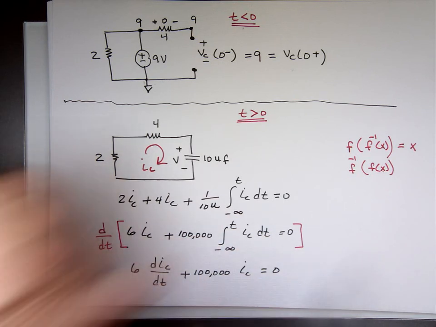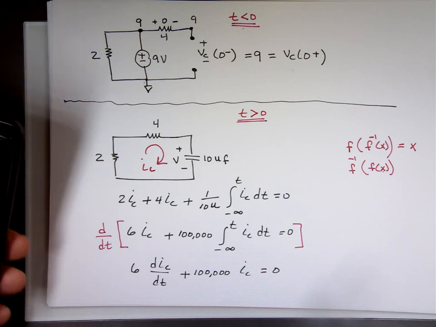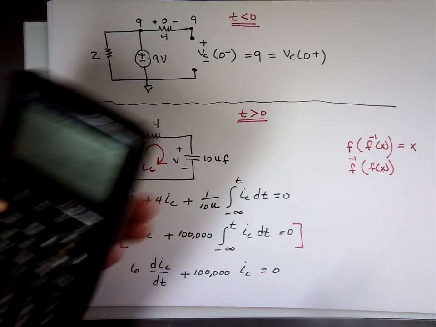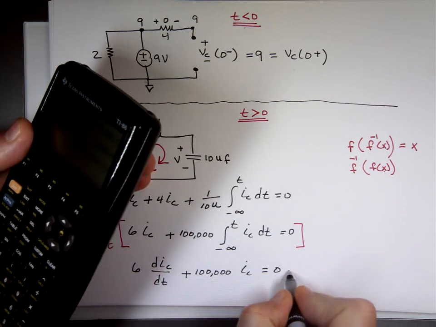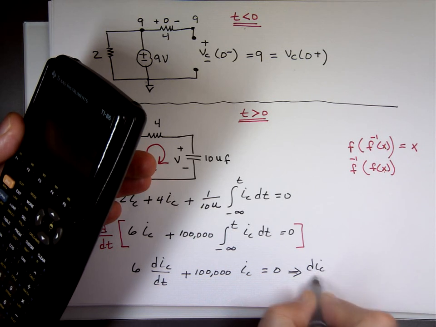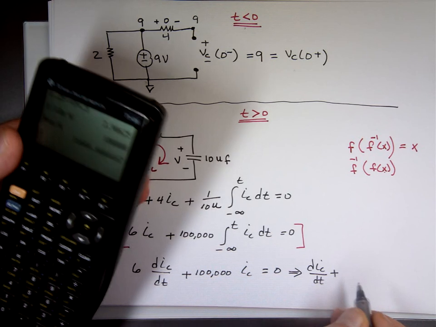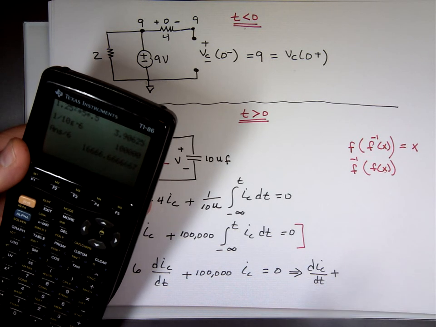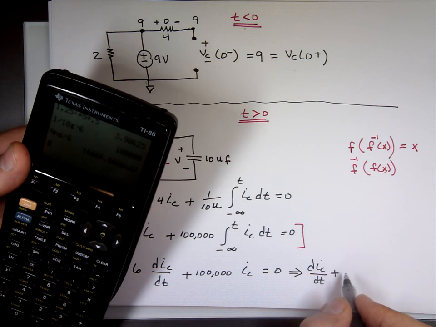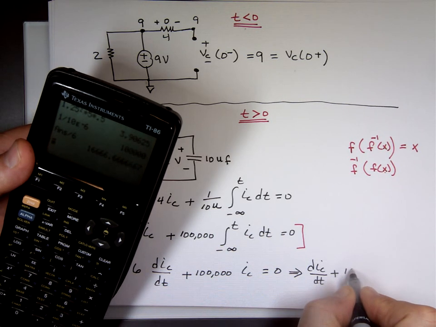So now divide by 6. So I have dI_C/dt plus, what? 16,667 roughly.